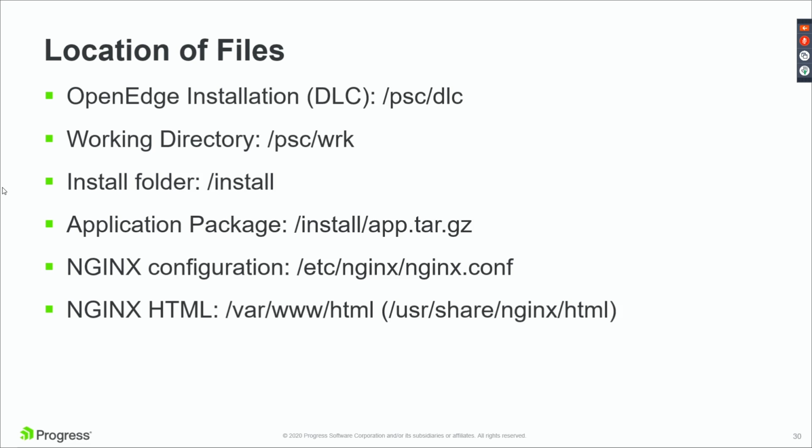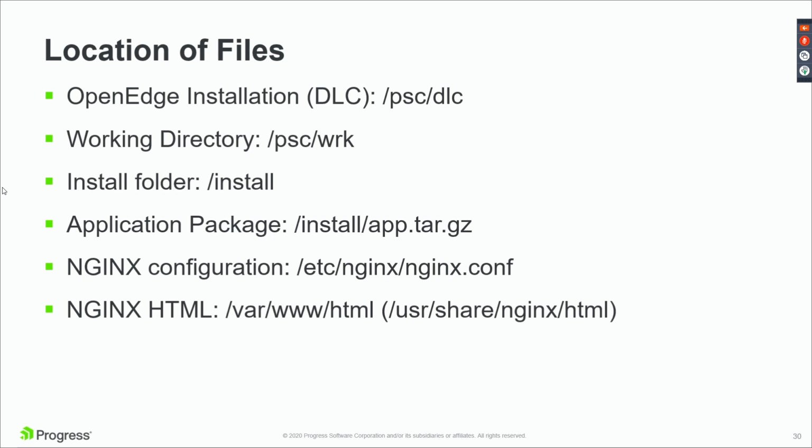Location of files. So we have three types of machines, right? One that is running the database, another one that is running PaaS for OE, and another one that's running the web UI. Well, the ones that are running OpenEdge have OpenEdge installed on PSC DLC.